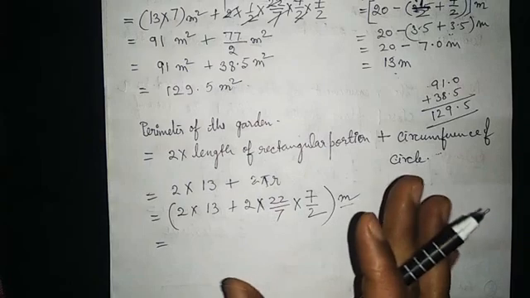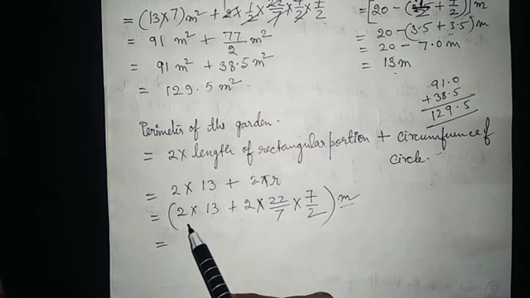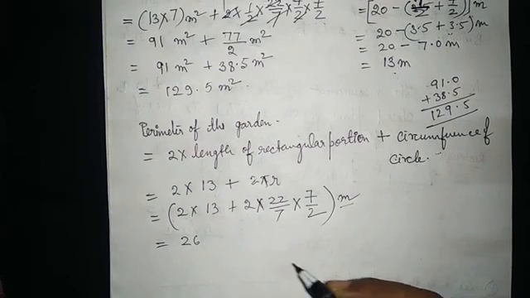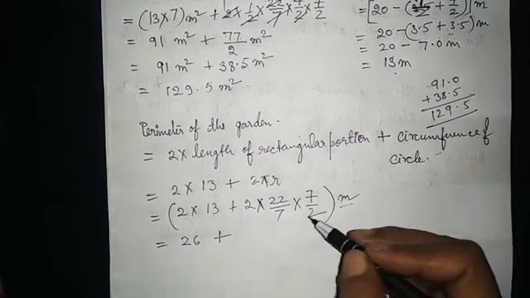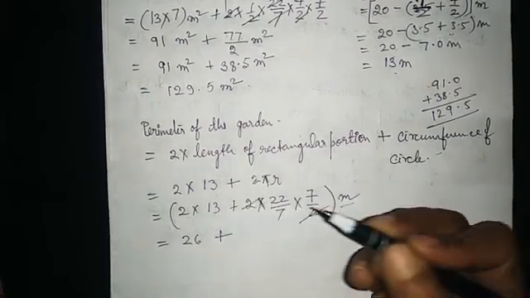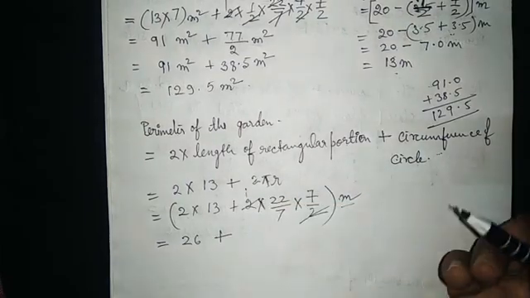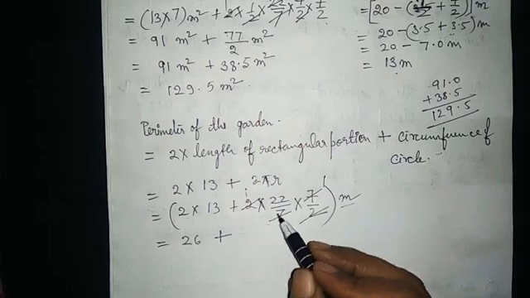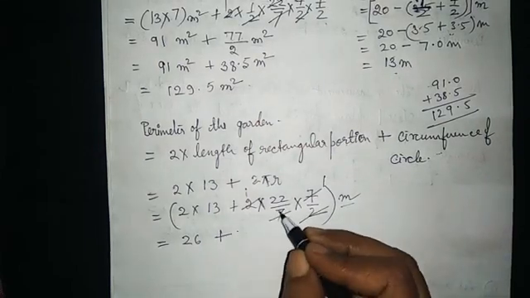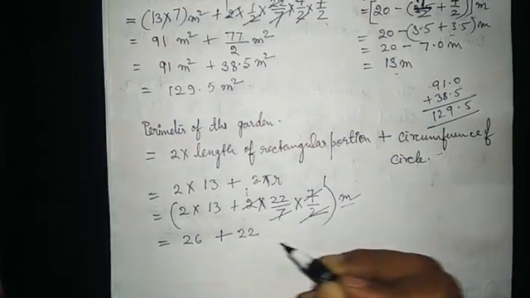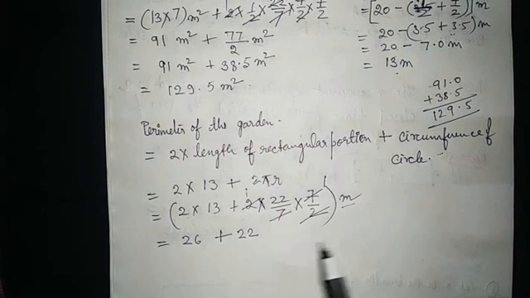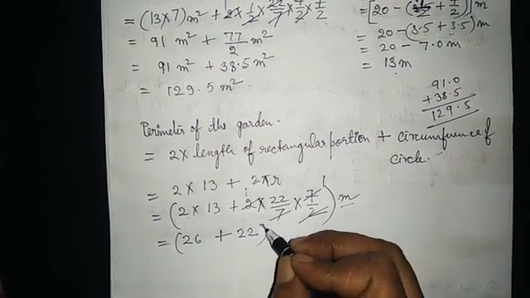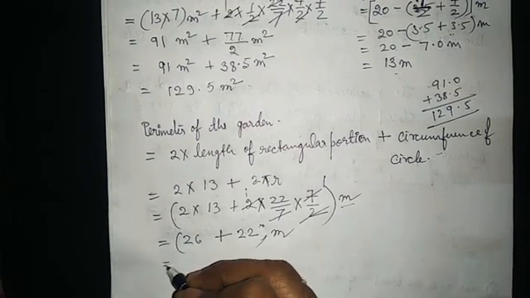Now we will solve this. Here 13 twos are 26 will come, plus this 2 and this 2 we can cancel. 2 ones are 2, 2 ones are 2. Here 7 ones are 7, 7 ones are 7. Here what is remaining? Only 22 is coming. 22 remains only, and meter we will write.